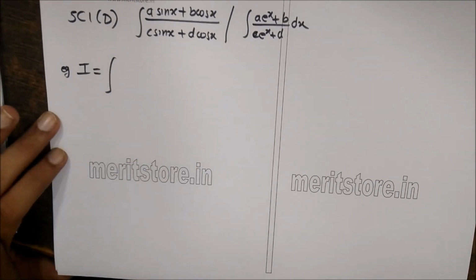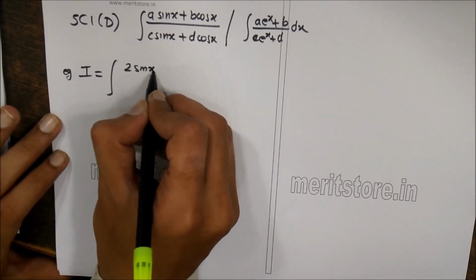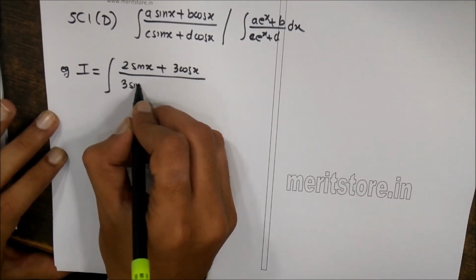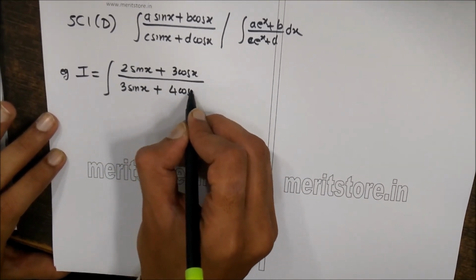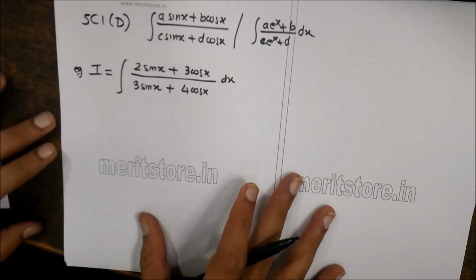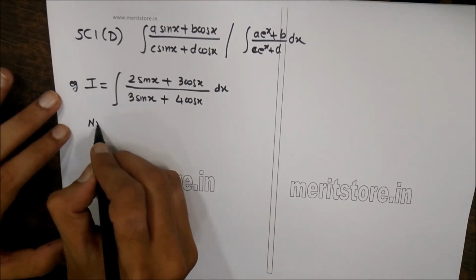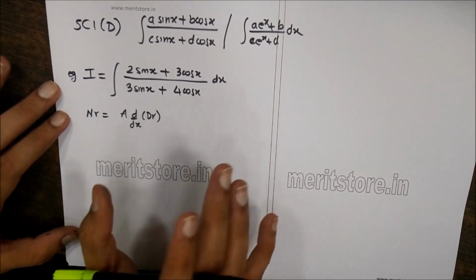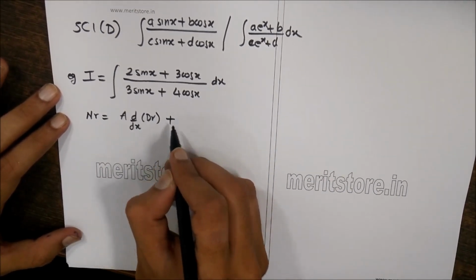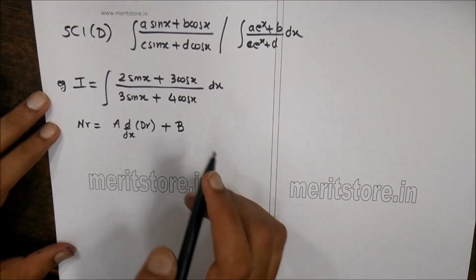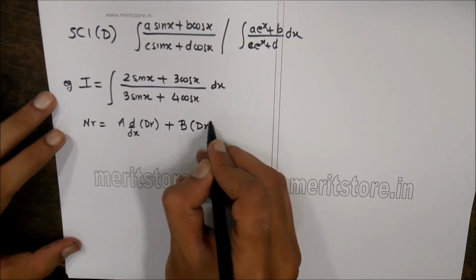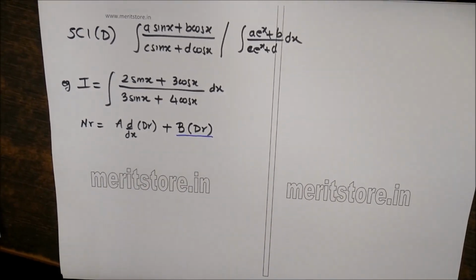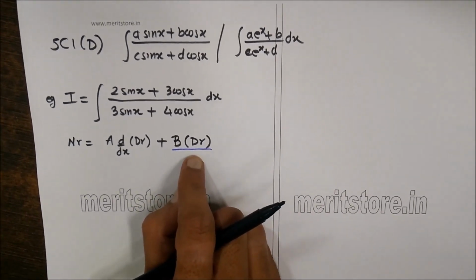Integral of, say, 2 sin x plus 3 cos x upon 3 sin x plus 4 cos x dx. Here we'll be writing the numerator as a times derivative of the denominator as we did in those linear category. Just the new thing would be that instead of b, we will have b into the denominator. This term is a new method or a new type to solve into.